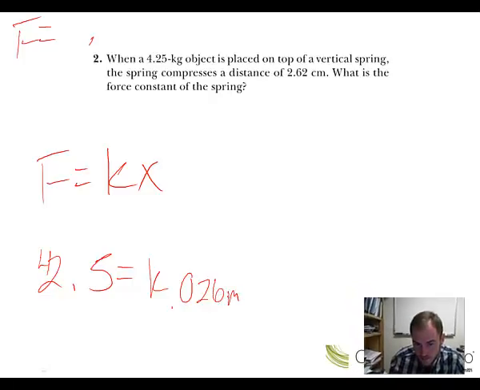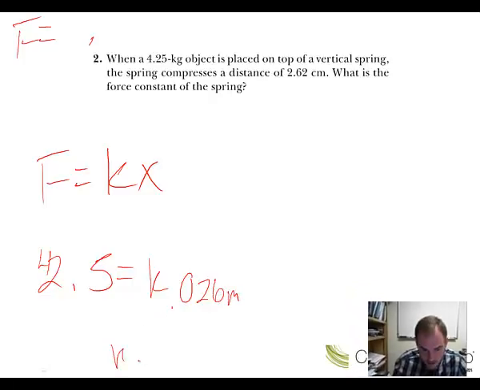0.0262 meters. So k, we divide both sides, will be 42.5 over, we'll call this like 26 times 10 to the negative third.